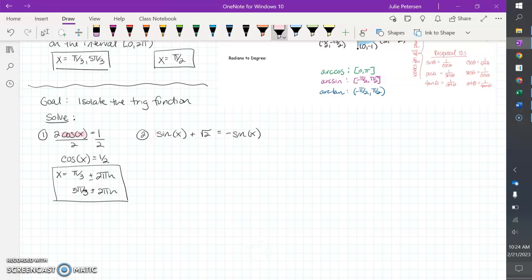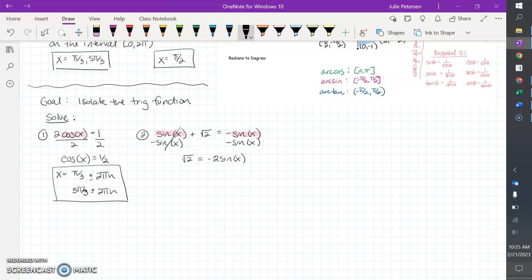So what I need to do, just like I would do if these were x's, we'd want to get our like terms on the same side of the equation. So I'm going to take the sine of x that's on the left, and I'm going to subtract it. So that gets rid of what's on the left here, and we just have square root of 2 equals. And then a negative sine x take away another sine x makes negative 2 sine x's.